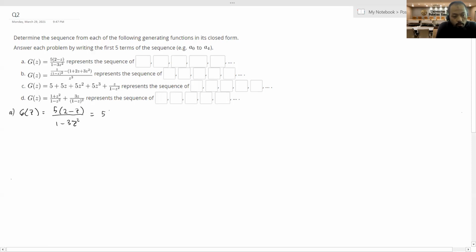This is equal to 5 times (2 minus z) times, of course, 1 over (1 minus 3z squared), which is 5 times (2 minus z) times the sum of, well, because 3z squared is the square root of 3 times z, squared, to the power of n.